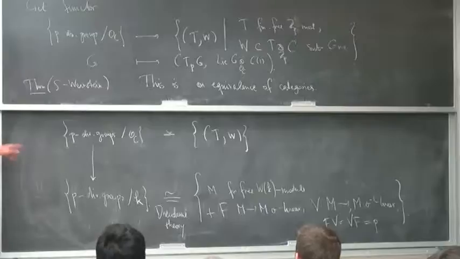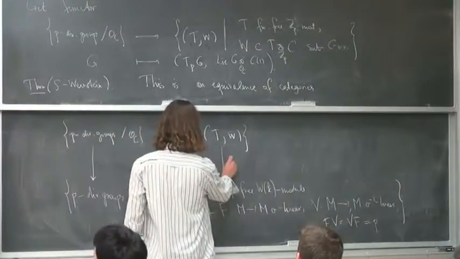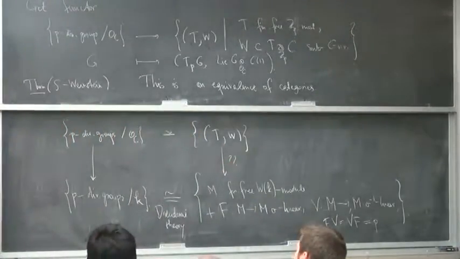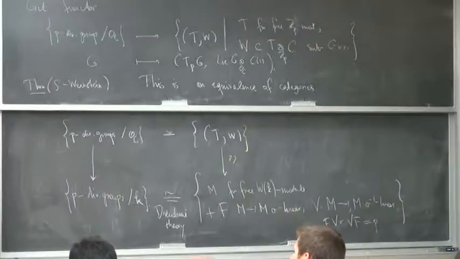And so this functor was pretty obvious, so we would think that there is some kind of obvious functor here. But it's probably not so clear.